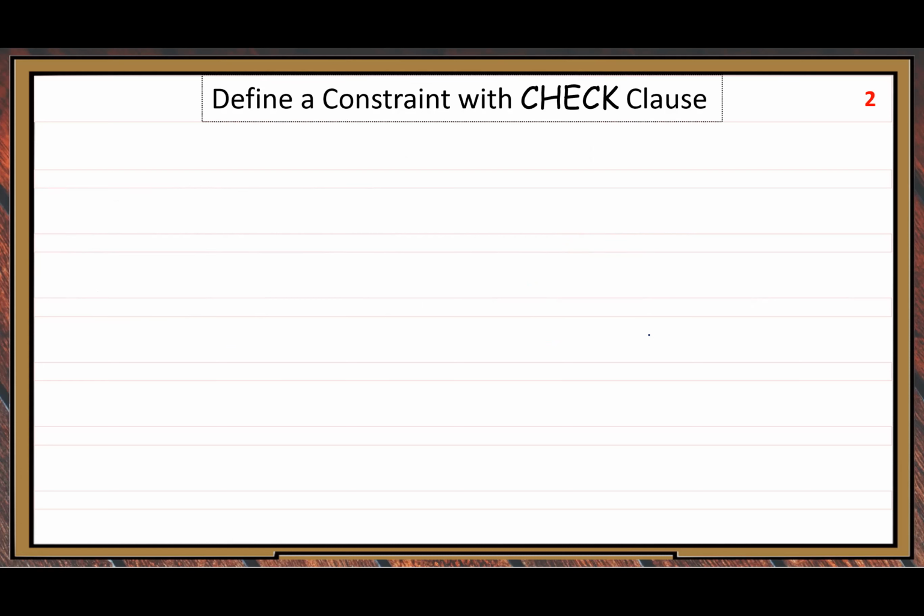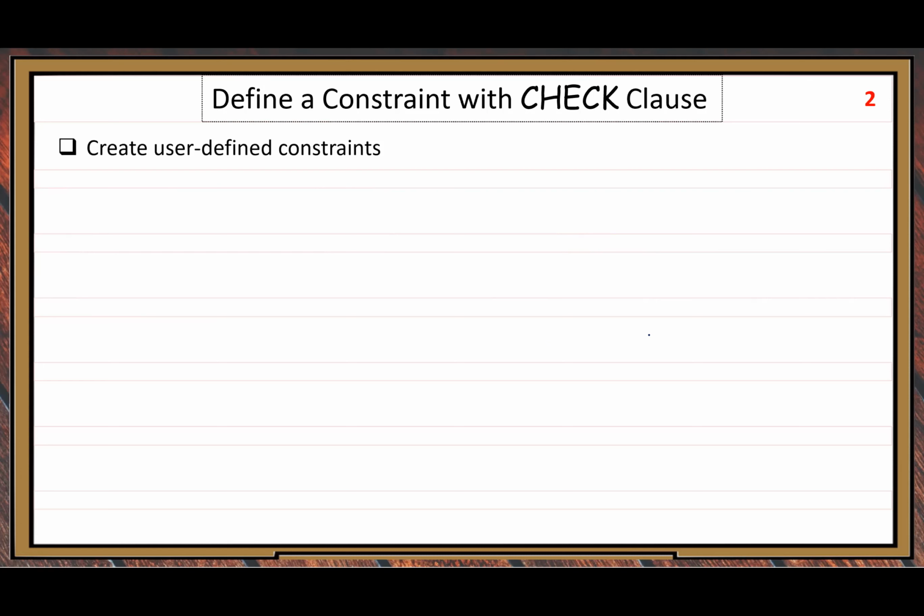Then let's look at how to define a constraint with a check clause. You need to check some condition. You define it with a name, then check, and you apply a condition after that check keyword. Let's look at a few cases.